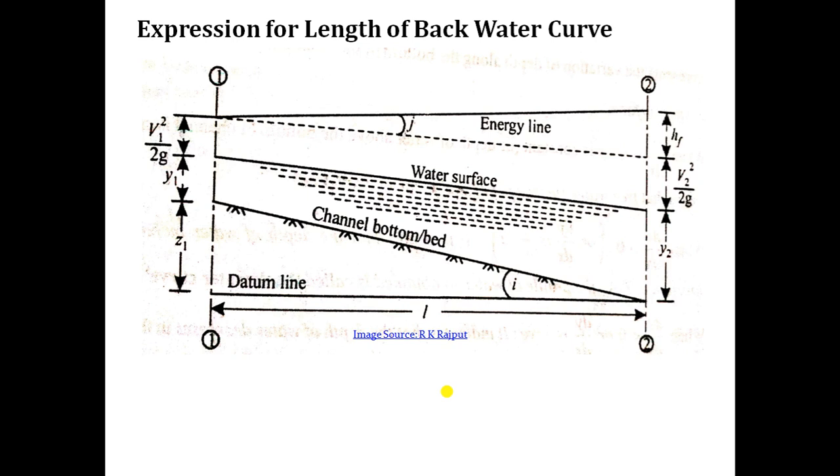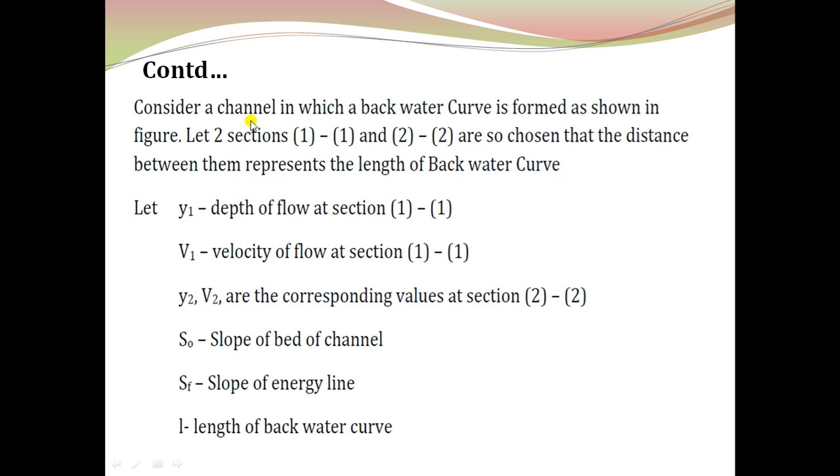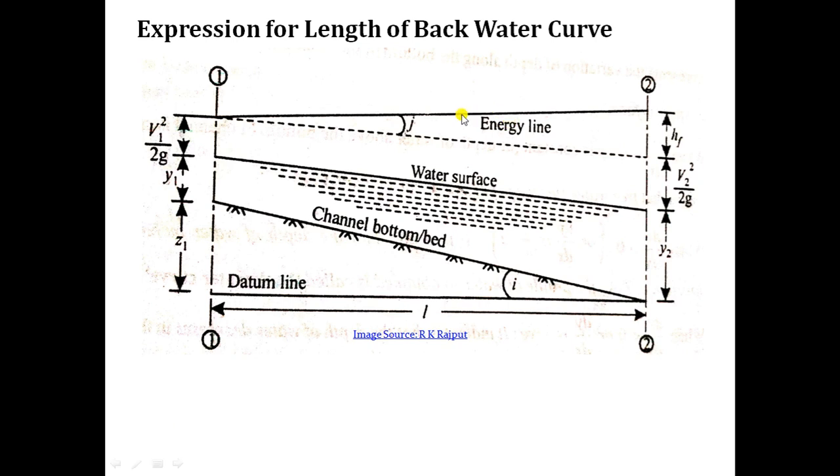Let us find the expression for length of backwater curve. Consider this diagram. Consider a channel in which we are having a backwater curve which is formed as shown in the figure.